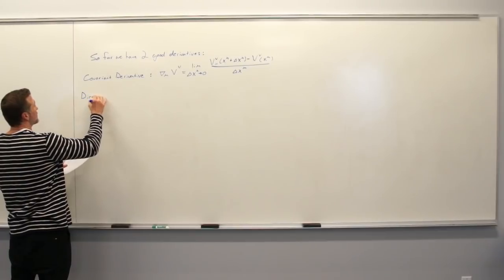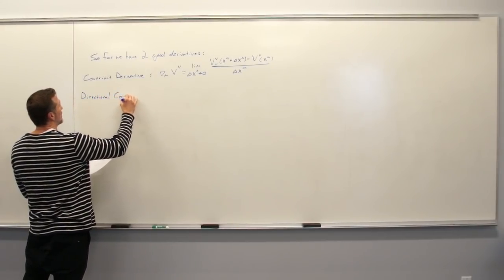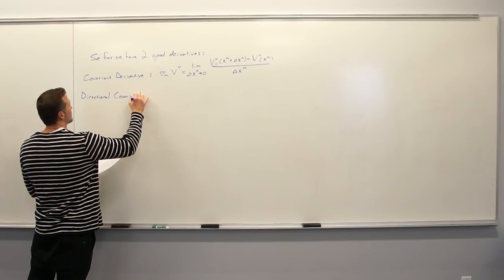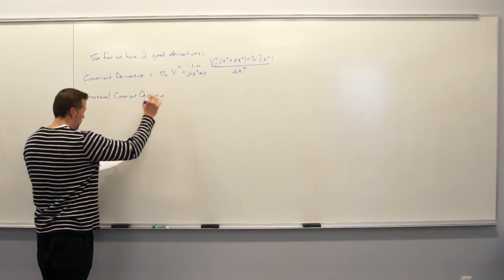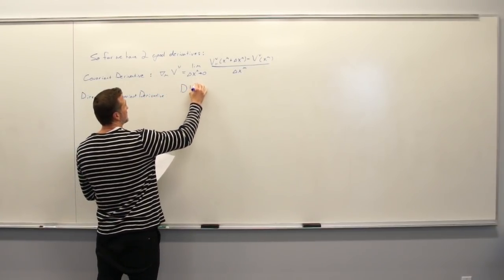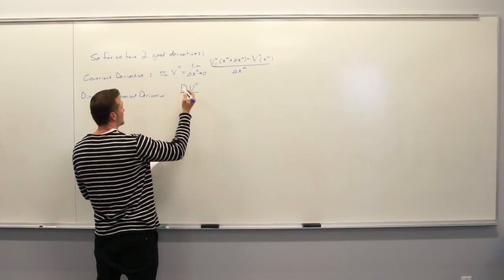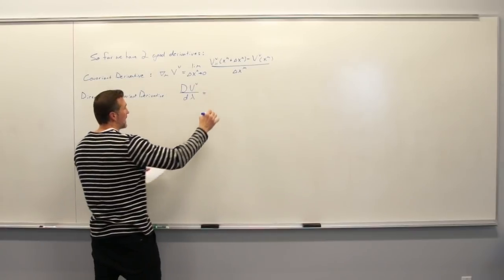Okay, there's another derivative that is useful, and that is the directional covariant derivative. The notation for this is going to look a little bit different. It's going to be big D of a vector, for example, D over d lambda.